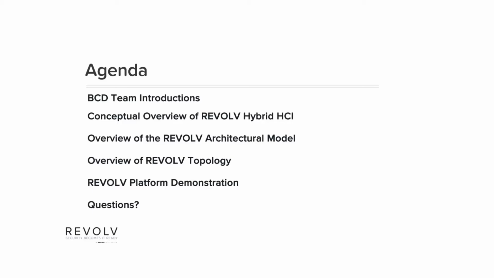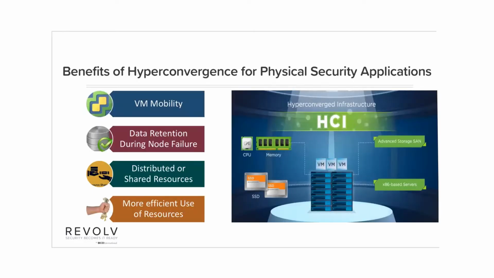So if we look at benefits of hyperconvergence for physical security applications, this was always a big one for me, because coming from the IT side of the market with Avaya at one point, there's always the buzzwords that get thrown out there. And in the IT side of the market, the buzzword for a long time was software-defined networking.